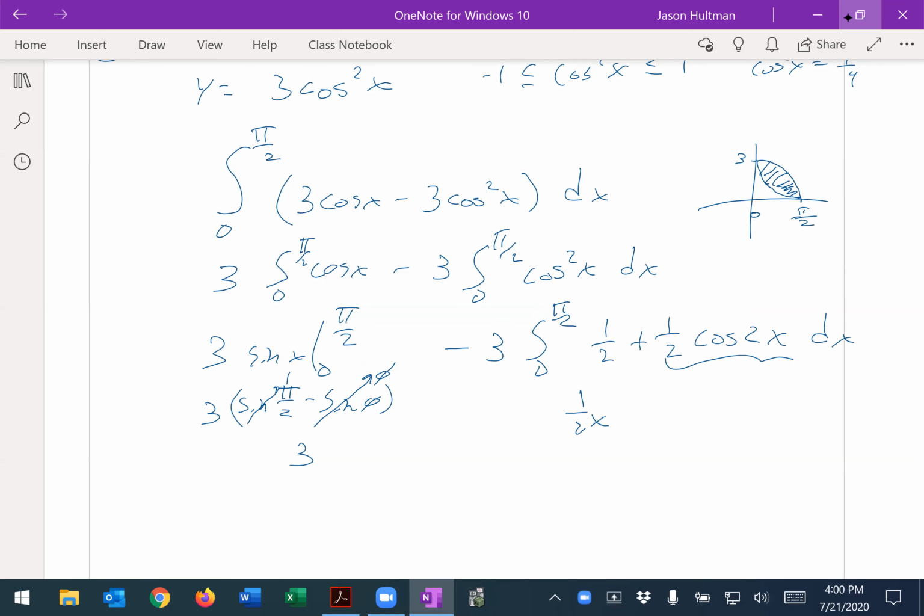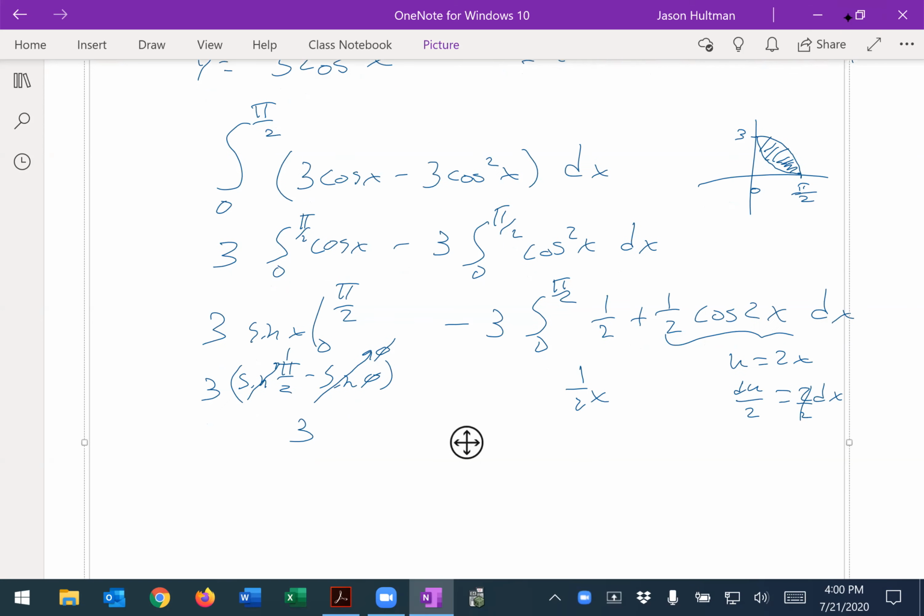The cosine 2x term is a u substitution, where du over 2 is equal to dx, because I would have divided by 2. So we have a minus 3 on the outside, plus 1/2 times the integral of cosine u.